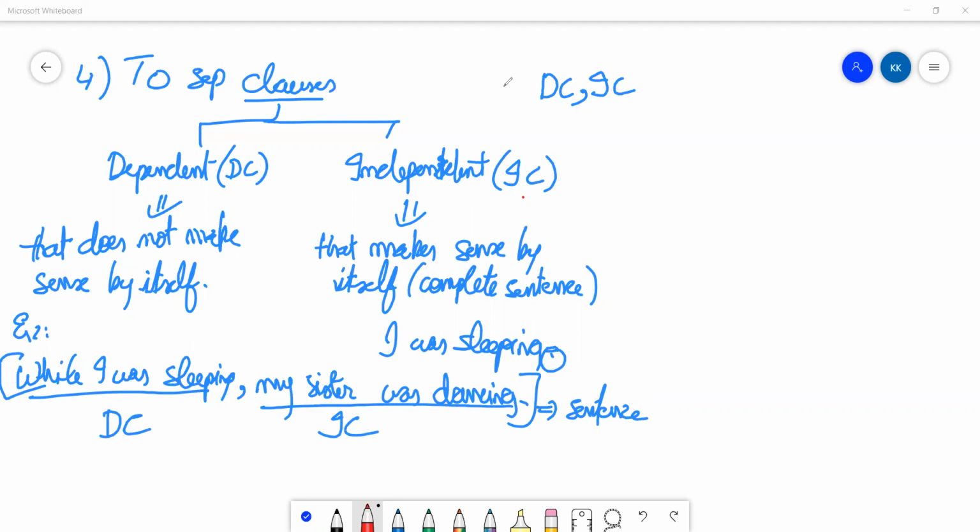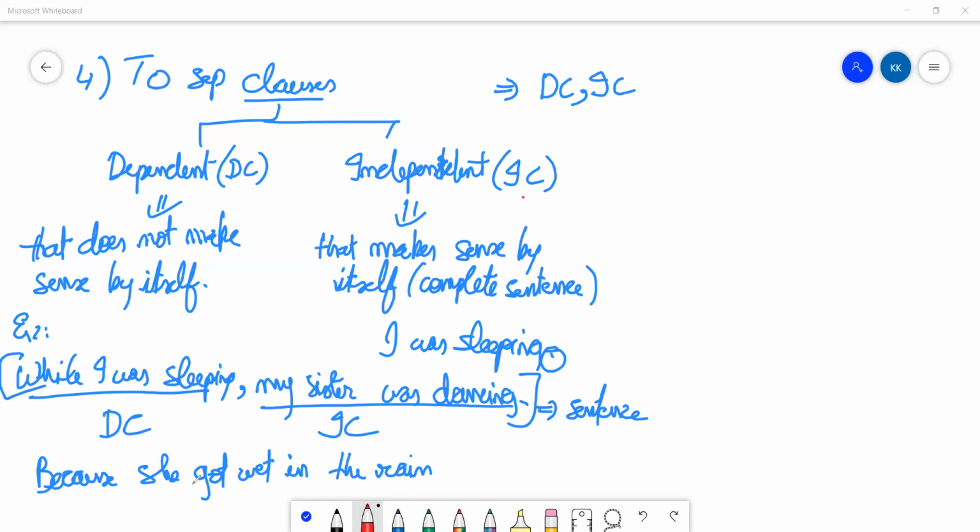So what is the first and the foremost rule? A comma after a dependent clause is compulsory. Got my point? For example, look at this. Because she got wet in the rain. Is it making sense by itself? Is it a dependent clause or an independent clause?